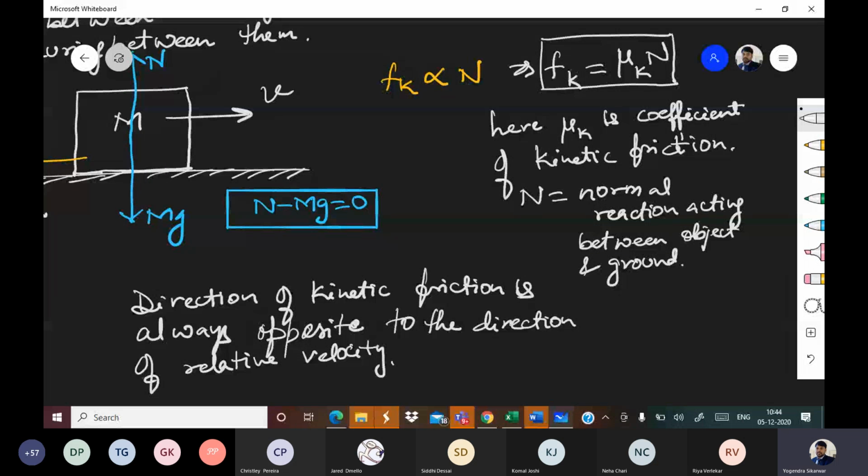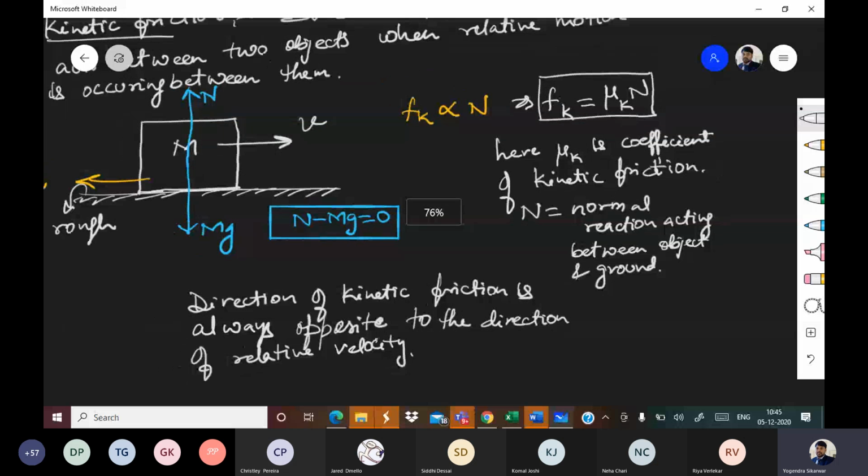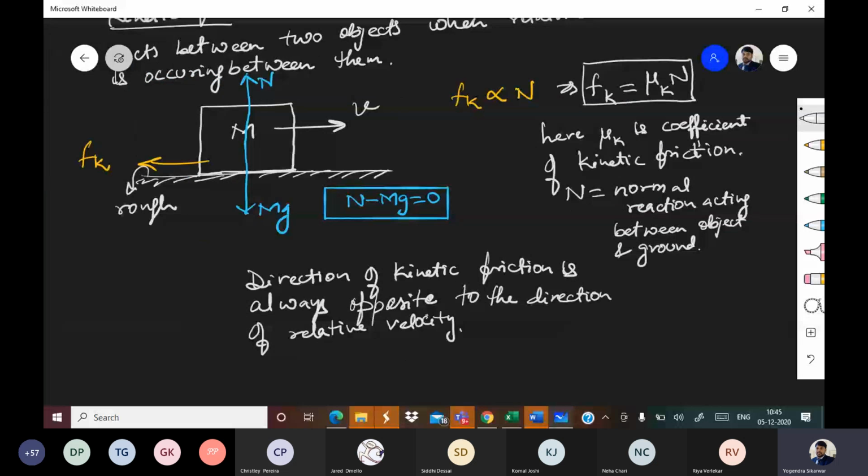Deepika Singh asks: Sir, can you please elaborate how it is directly proportional to normal reaction? See, the direction is parallel to the contact surface, there is no doubt about it. But the value, the magnitude, is proportional to N. These are two different things: direction is different and magnitude is different.